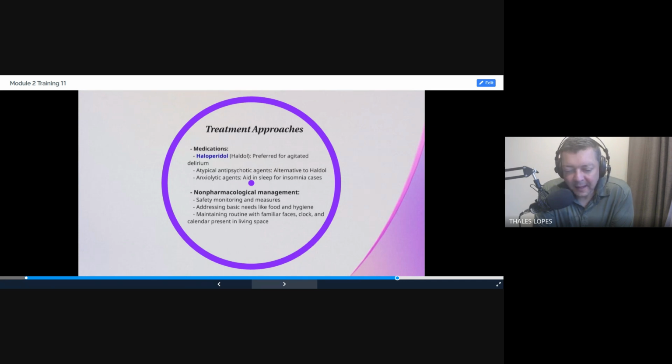So in short, really, any medication that you can do that is... because all atypical antipsychotics are sedating, right? So we want to choose one which you can give IM, okay?